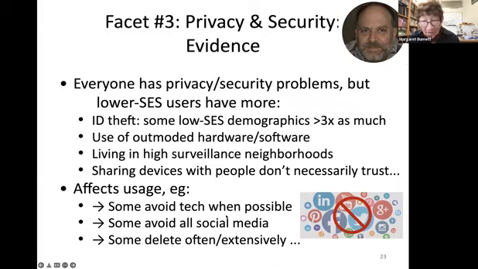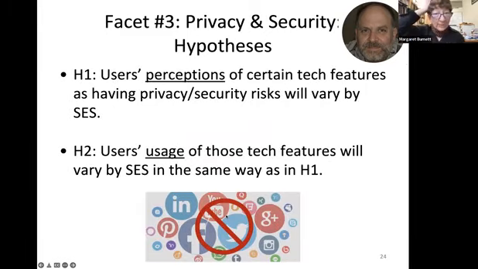Okay. So here are some hypotheses that we derive from some of this literature. Users' perceptions of certain tech features as having privacy and security risks will vary by socioeconomic status. For example, things that pick up people's locations and ask, is it okay if we pick up your location?